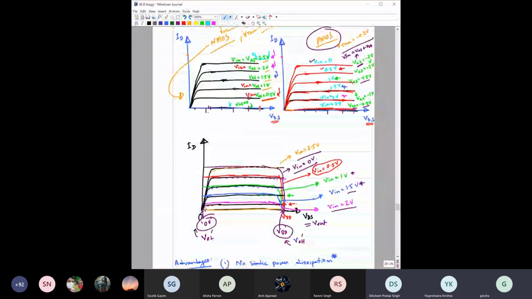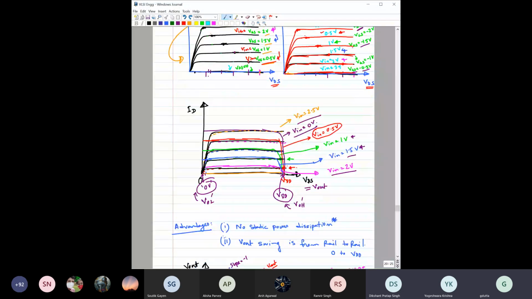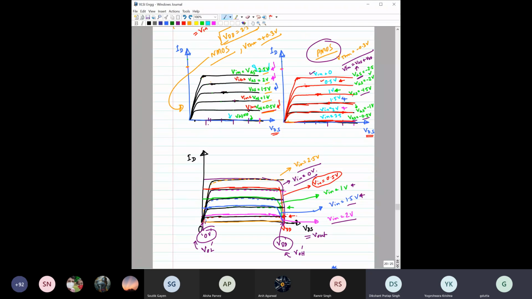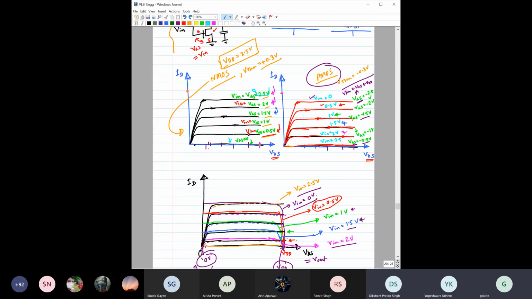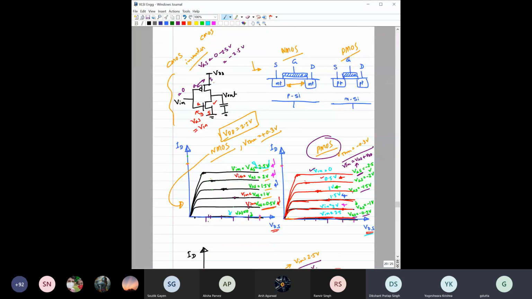And here we have seen how to get the voltage transfer characteristics of this inverter. To do it graphically, we have to notice that for the PMOS, this is the ID-VDS output characteristic, and this VDS is nothing but VDD minus VDS of the NMOS transistor.